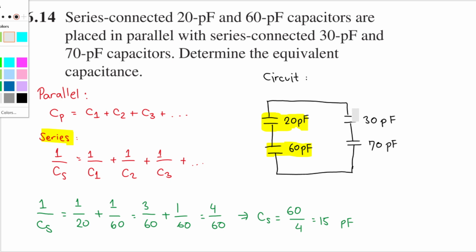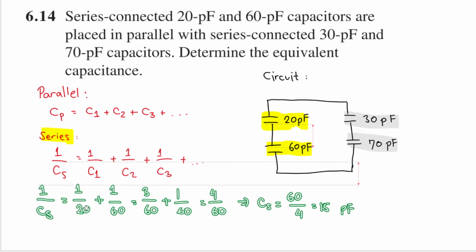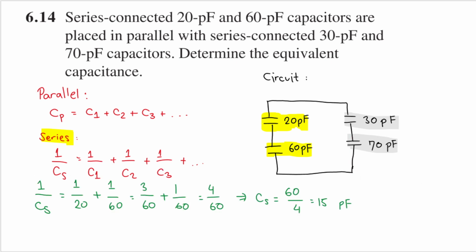But we also have another branch here that I highlighted gray that we need to calculate. We can just play the same game here, but I need to move things around so we have some space. Maybe let's move it a bit up here, and I will use another color. So we will have 1 over CS again here, and we will have 30 picofarad: 1 over 30 plus 1 over 70.